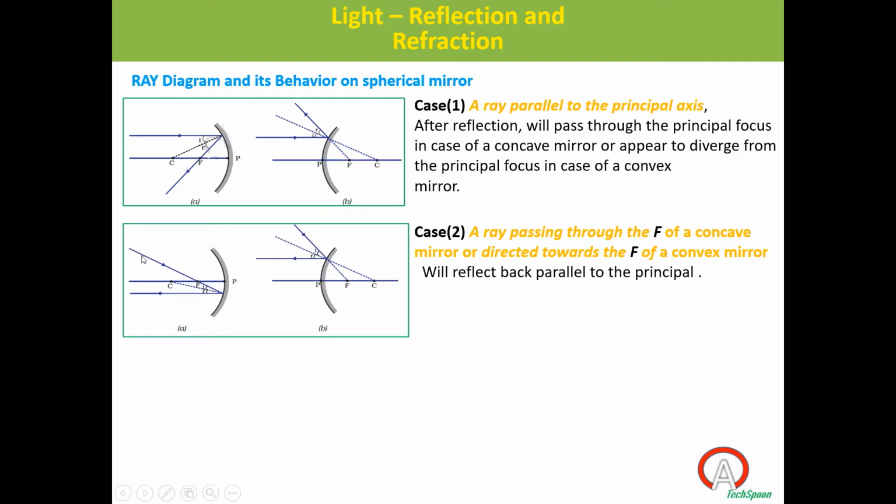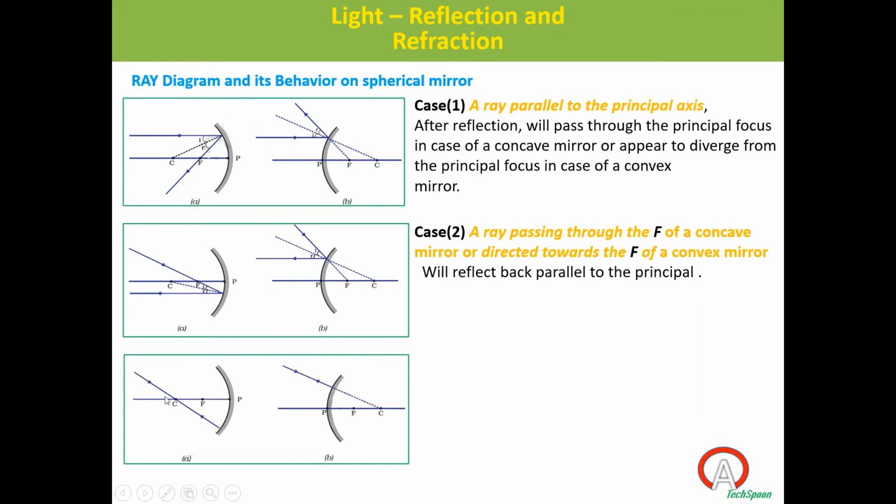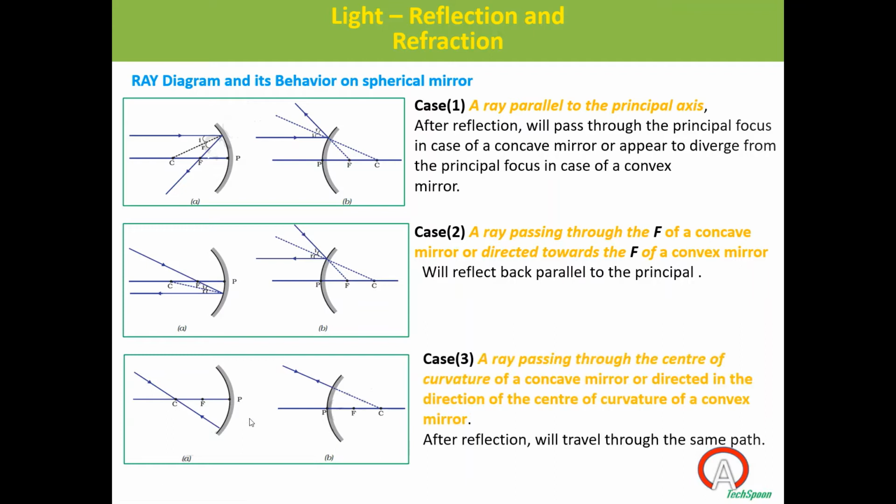Case 2, if the incident ray is passing through the focus, after reflection it will be parallel to the principal axis. And case 3, if it is passing through the center of curvature, after reflection, the reflected ray also passes through the center of curvature.